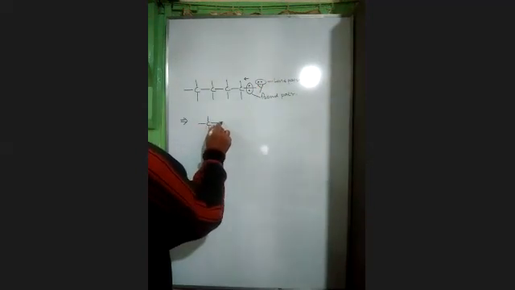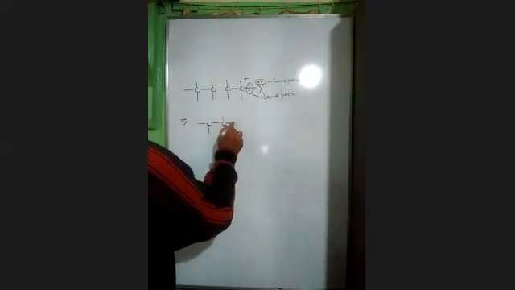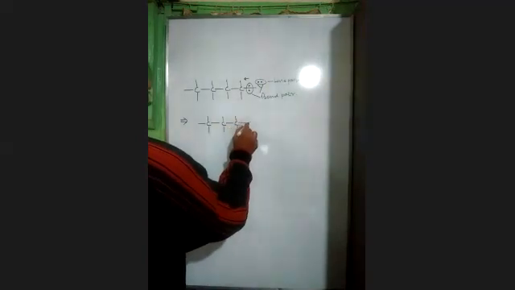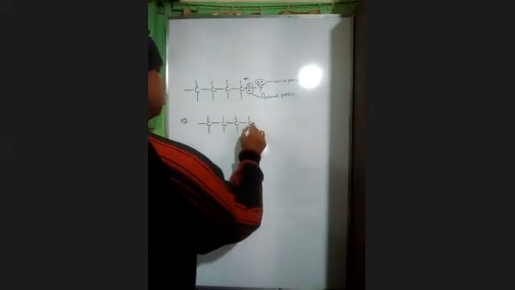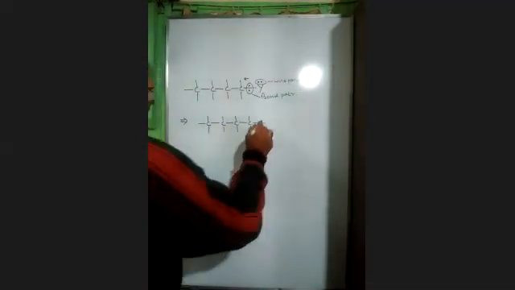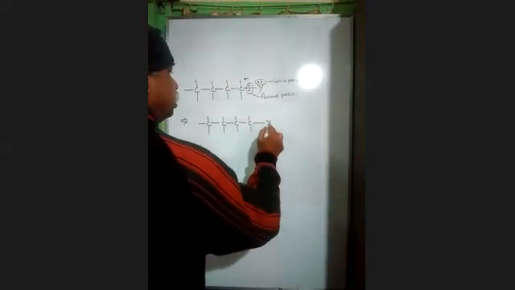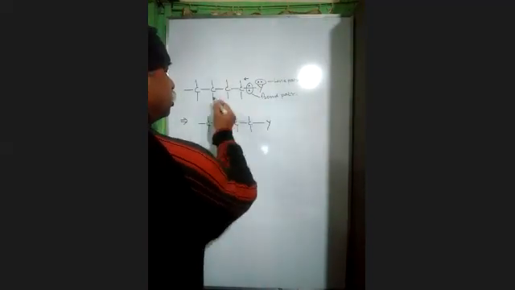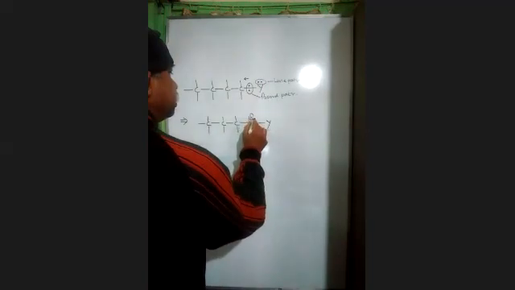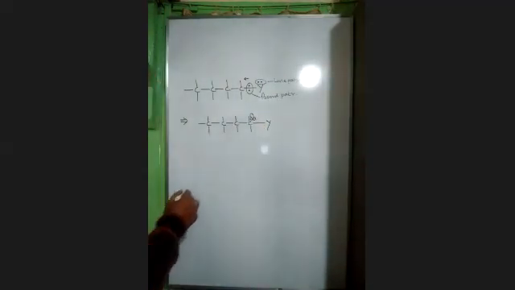What will happen? See here. In this case, you will find electron will move towards this direction. It will be like this.